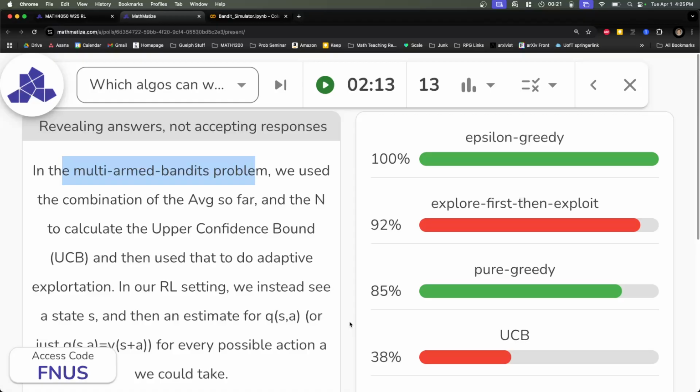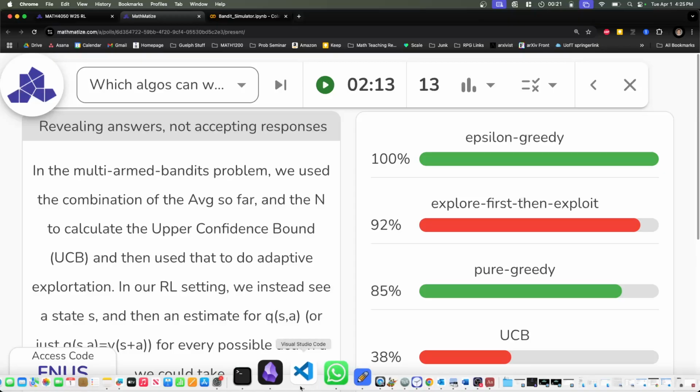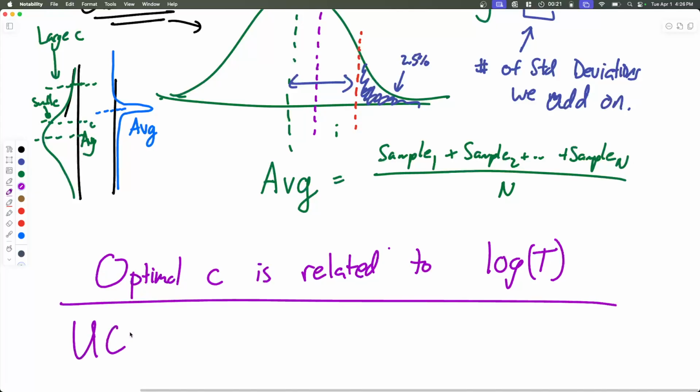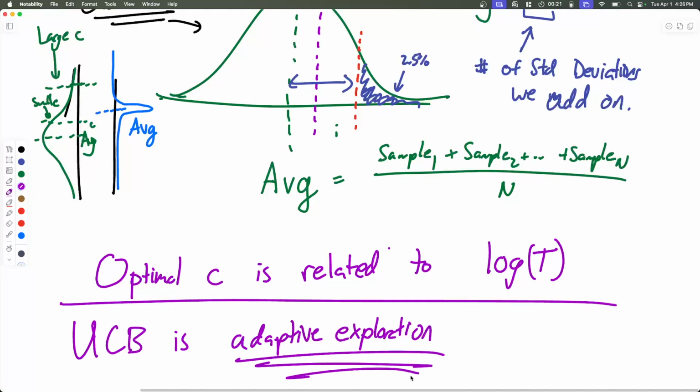Okay, so what we're going to do is ask, was it all a waste of time? You can't literally do UCB, but you can do some kind of adaptive exploration. The big idea to remember of UCB is not the actual algorithm, but that UCB is adaptive exploration. The whole idea is that you don't want to try all the possible options because some of the options suck.